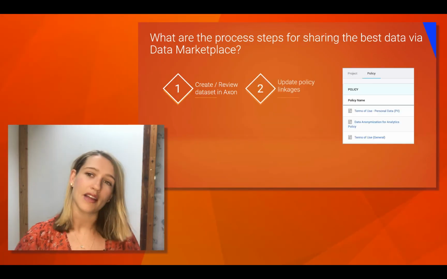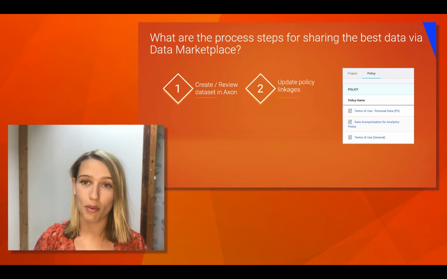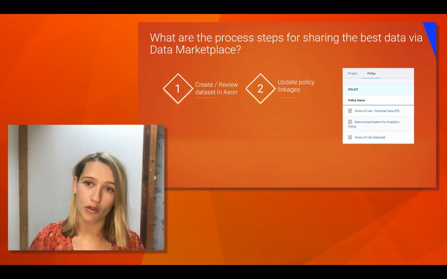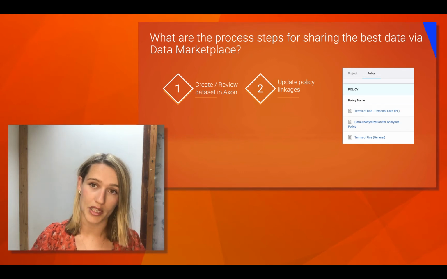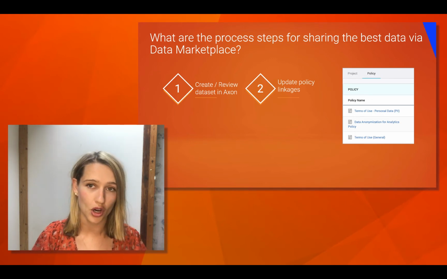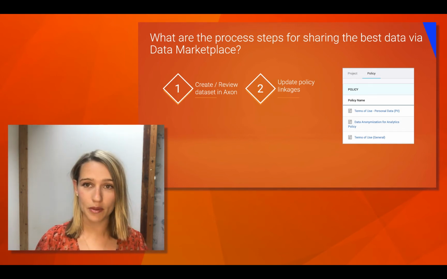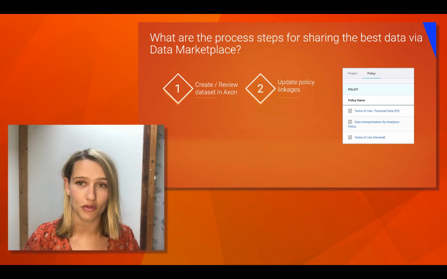The next step, another key check, is to make sure the appropriate policies are in place. Now, if you've just created the dataset in Axon particularly, there might not be any policy linkages, and if you're updating it, you're still going to want to make sure that the right policies are in place, because when you publish data to the data marketplace, it needs to be connected to the appropriate terms of use.